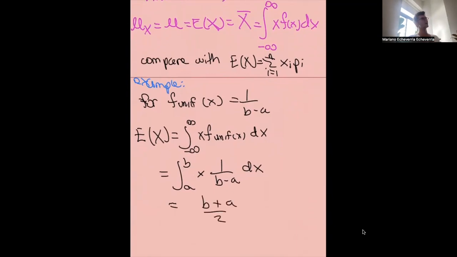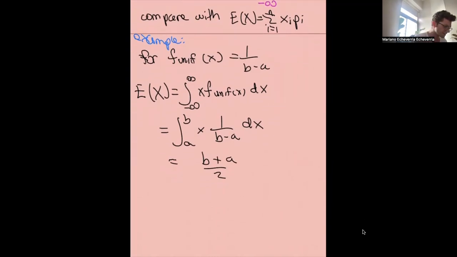Right, because you get x squared over 2, which is b squared minus a squared. You use the difference of squares formula, so that's how you cancel the b minus a in the denominator. And that's just the average between the values a and b, right? So it does make sense to call this a uniform distribution. You can check this.